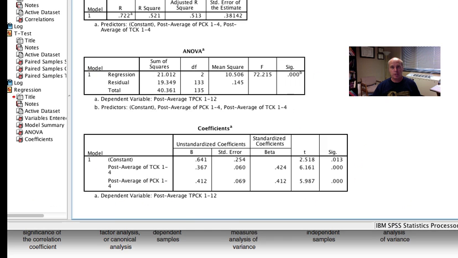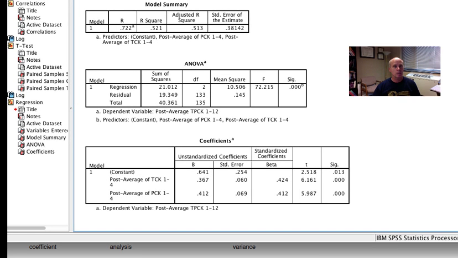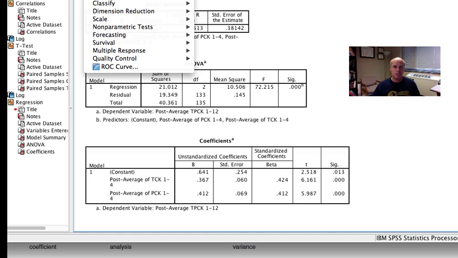Right? So I'm going to do the t-test independent samples first. So I'm going to go analyze, compare means, independent samples, as opposed to paired samples where you're looking at the same person paired. These are independent samples. People in semester 1 had nothing to do with people in semester 2.